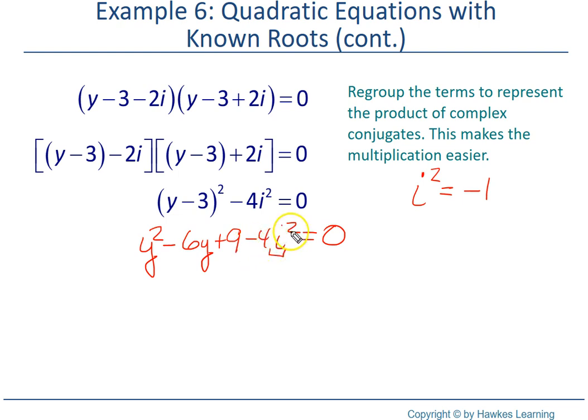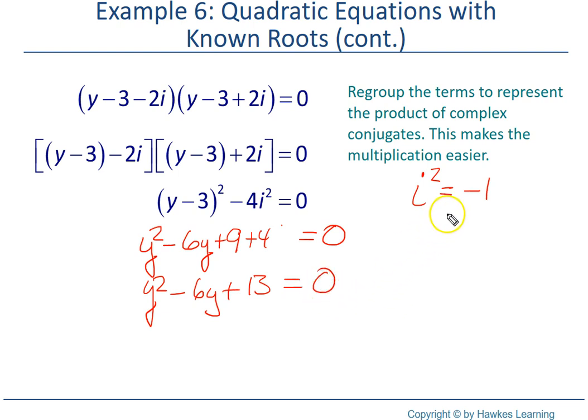So this is a -1. So -1 times -4 makes this a +4, as we now get rid of our i squared there. That's what they want us to do. So it becomes y squared minus 6y plus 13 equals 0.